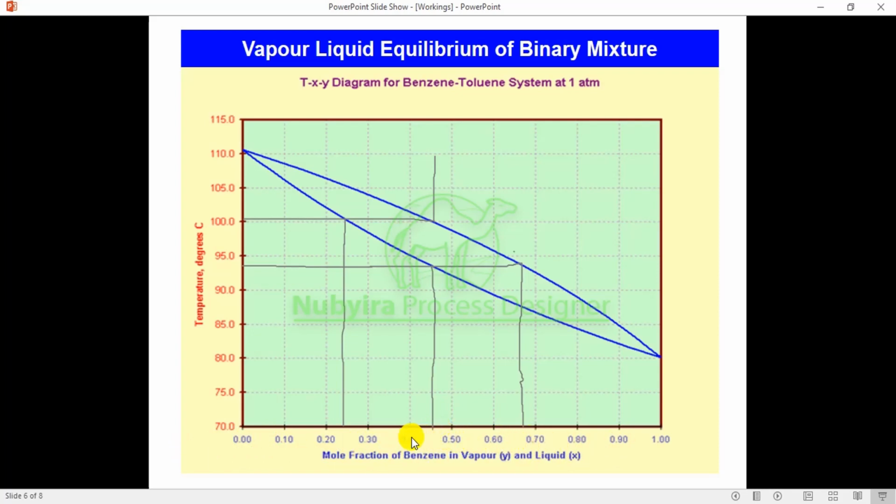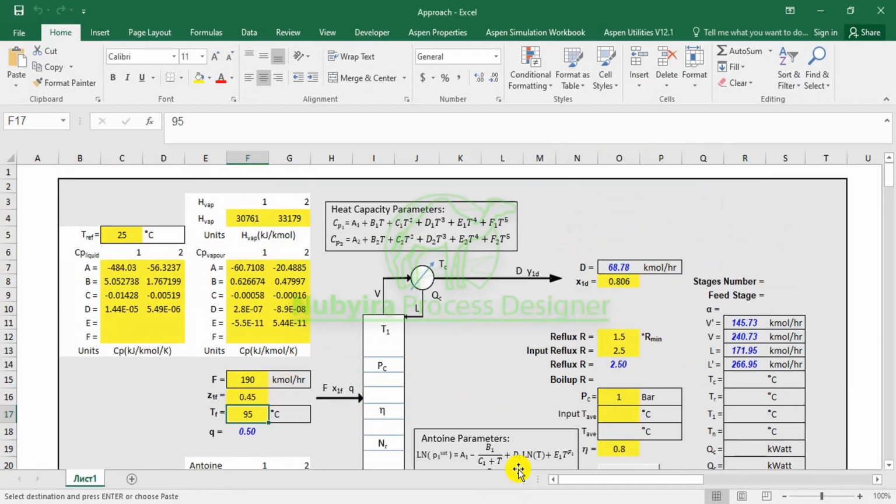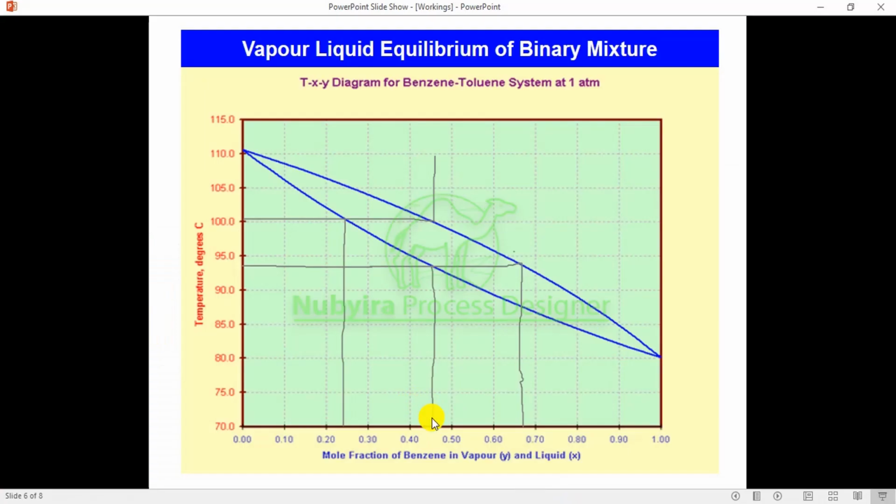So for example, you pick your mole fraction from this axis to be 0.45, like what we have done in the Excel sheet. The mole fraction is 0.45. So as you keep on increasing the temperature of the mixture, the temperature will keep on increasing until you reach the bubble point of the mixture.